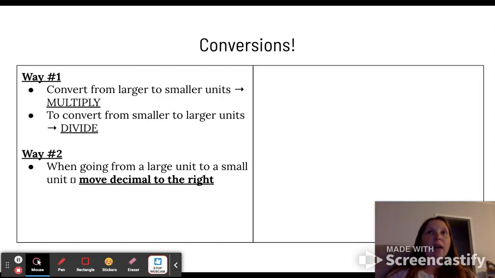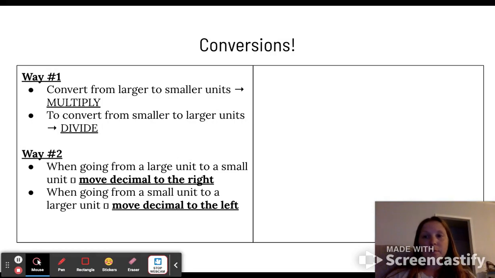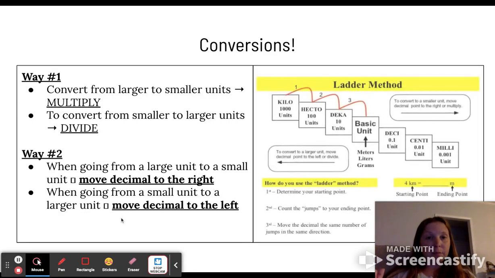If you see any gaps, like when there are no more numbers, you fill those gaps in with zeros. Then when going from a small unit to a larger unit, you'll move your decimal however many prefixes to the left. This is a picture of what they call the ladder method.